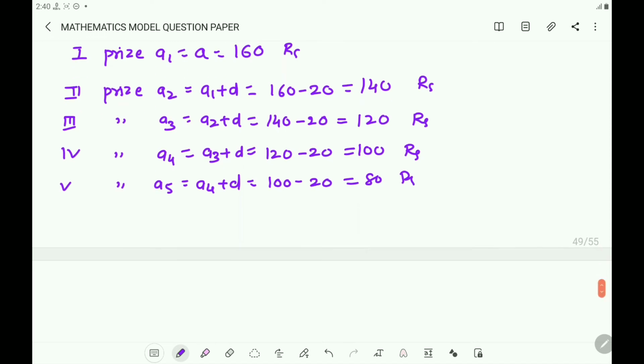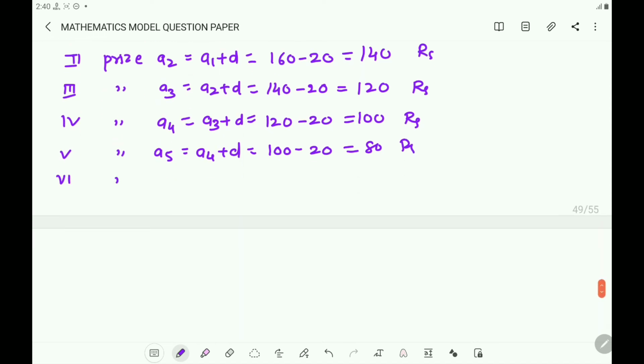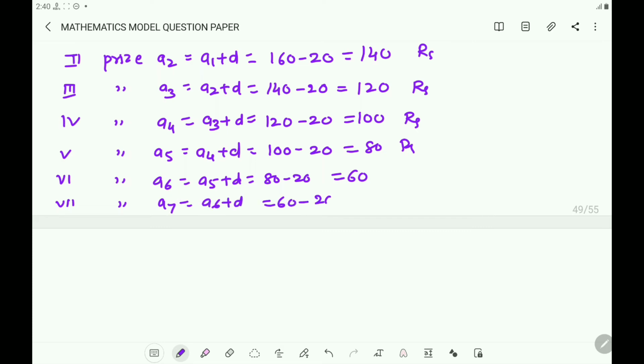Sixth prize A6 equals A5 plus d, 80 minus 20, 60. Then seventh prize A7 equals A6 plus d, which is equal to 60 minus 20, so it is 40.